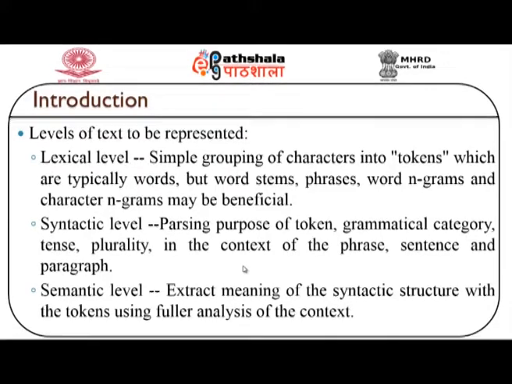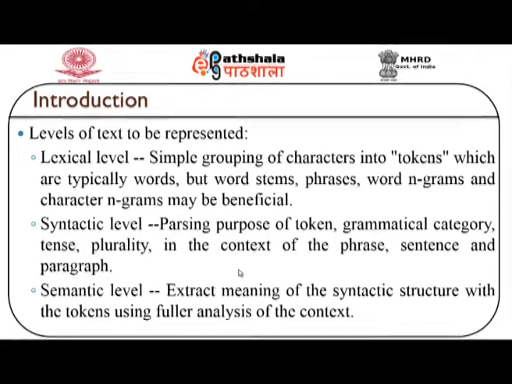So, if you look at the levels of text that are supposed to be represented or shown in a graphical manner, we can look at the levels of text as three different levels. The first one is the lexical level, which comprises simple grouping of characters like tokens, which are basically the words, and which represent the word stems, phrases or n-grams and character n-grams, which may be beneficial.